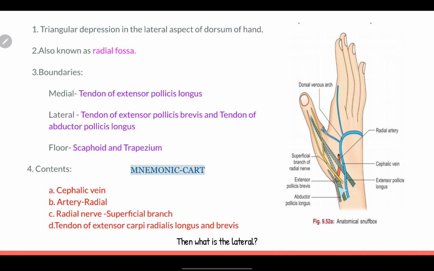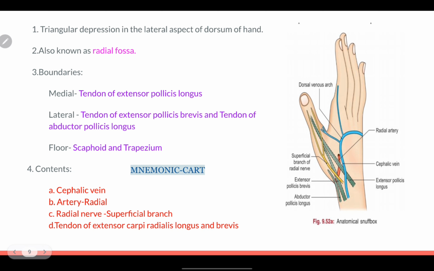Laterally, it is bounded by the tendon of extensor pollicis brevis and the tendon of abductor pollicis longus. The floor is the scaphoid and trapezium bones.